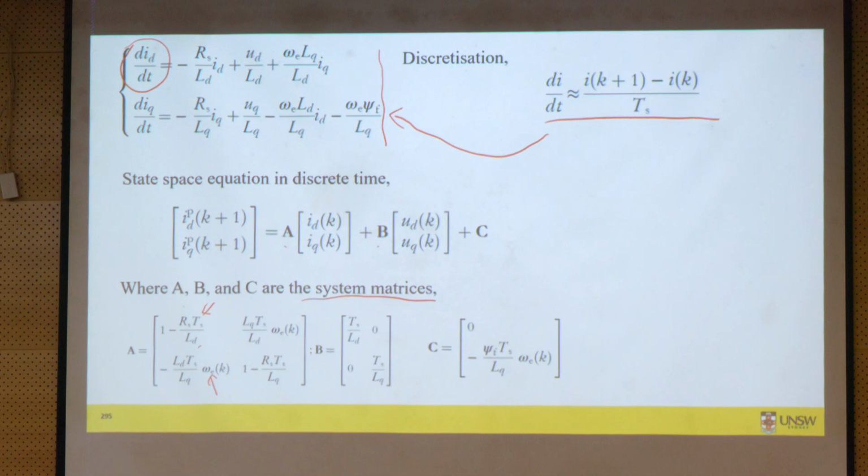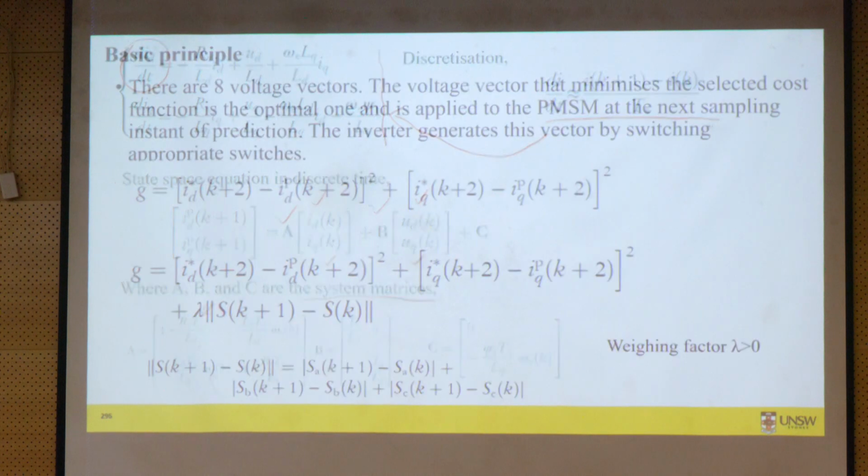Okay. So if we know these matrices, and these currents ID and IQ at a certain instant, how do you get these voltages? We also need these voltages UD and UQ at a certain instant. Here is where the deadbeat controller, or deadbeat concept, can come in. So using deadbeat, this UD and UQ can also be calculated.